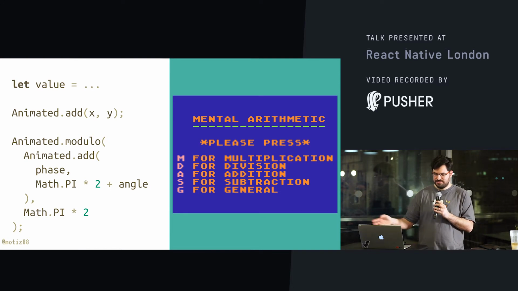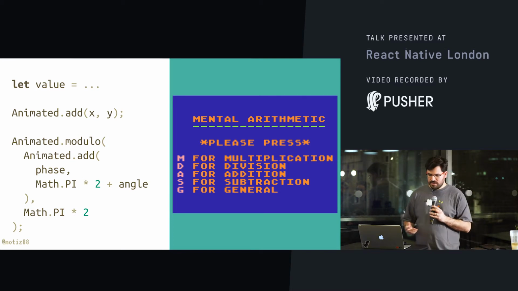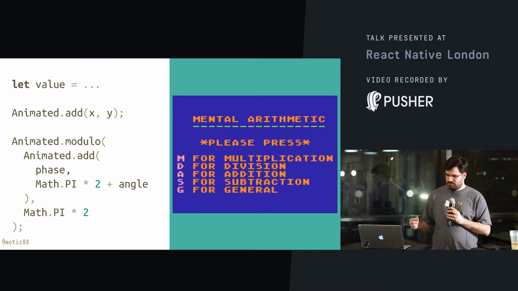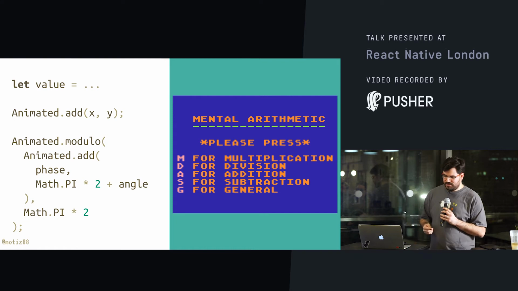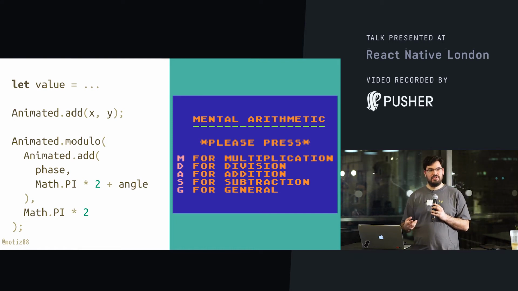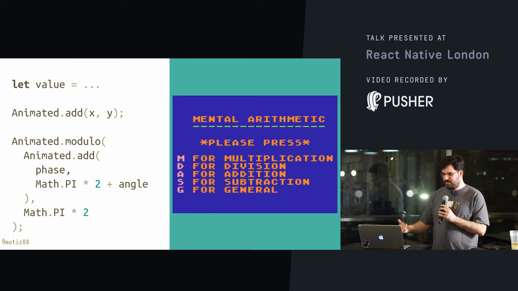It's a constant, as far as we care. And this expression adds together phase and pi times 2 plus angle, divides all of that by pi times 2 and returns the remainder from that division. So that basically implements the modulo operator.